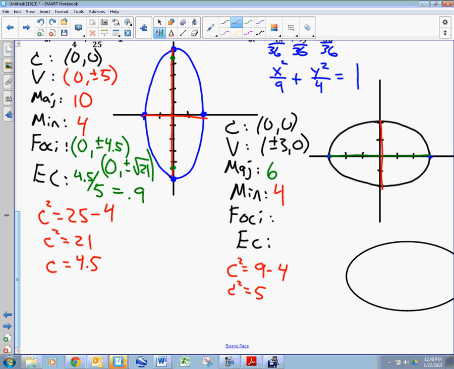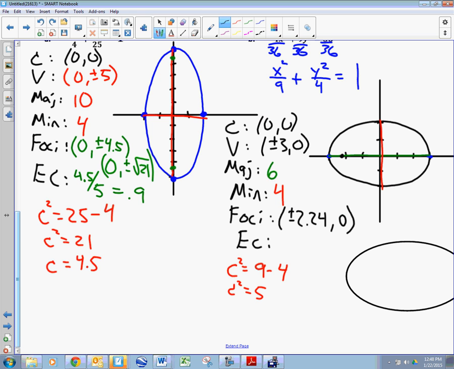So square root of 5 is like 2.24. So which direction, x or y? X. So plus or minus 2.24. If you want to write it as square root of 5, that's fine.